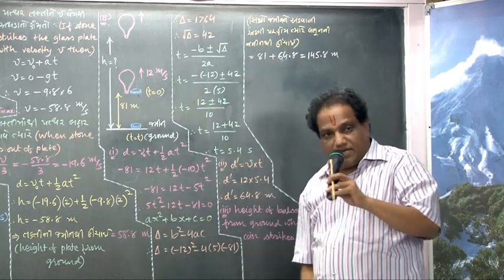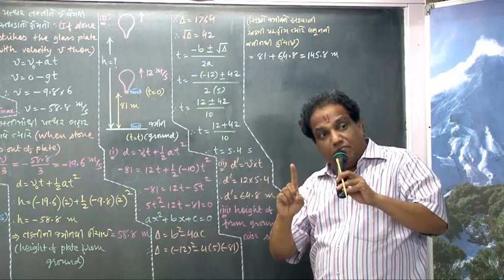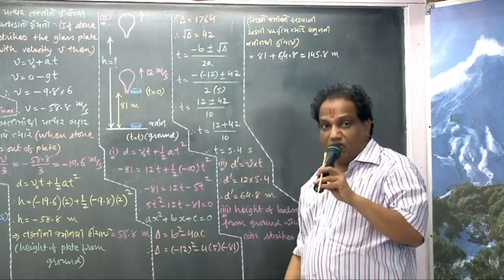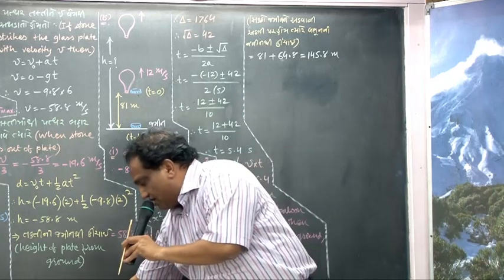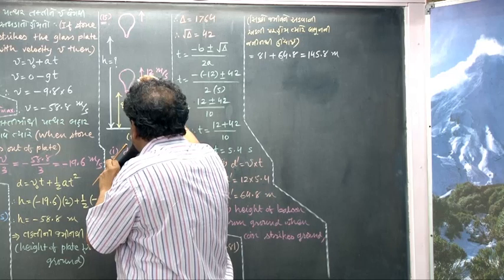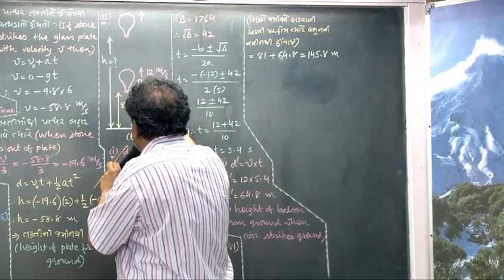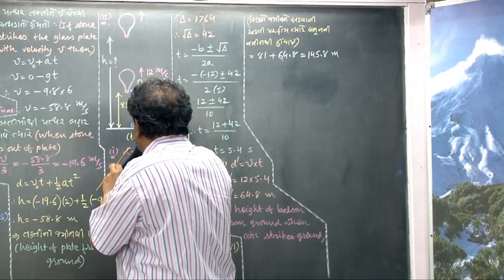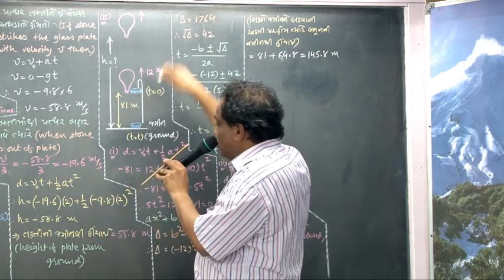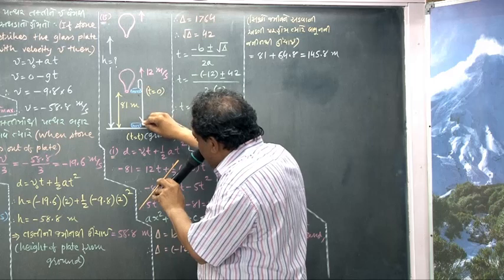So when you drop it, what will happen? Firstly, it will move upwards by way of inertia. Then, when the upward velocity becomes zero, because it is moving against gravity, it will take a U-turn and come down.